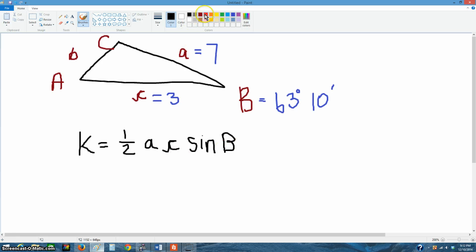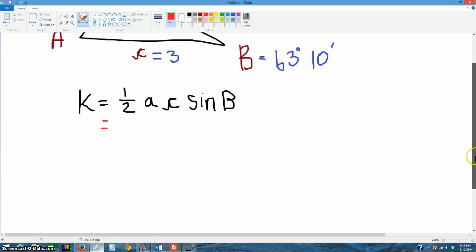And remember that I like to use, instead of 1/2, I actually like to use 0.5. So 0.5 times my A, which is 7, times my C, which is 3, and of course sine of 63 degrees 10 minutes.